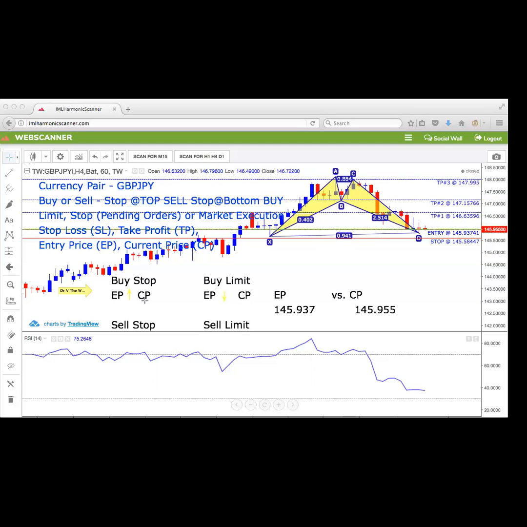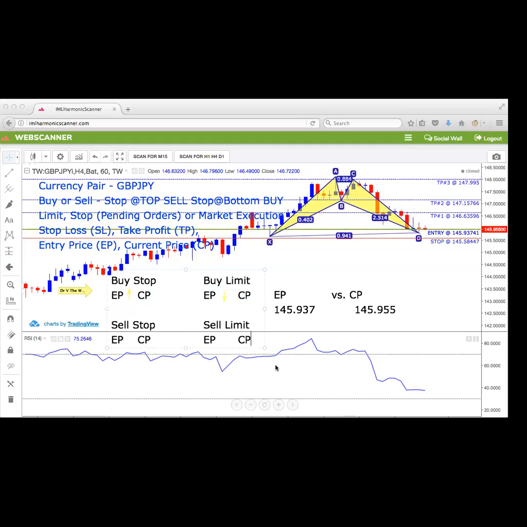If you have a sale, and with your sale your entry price is below your current price, it's a sell stop.